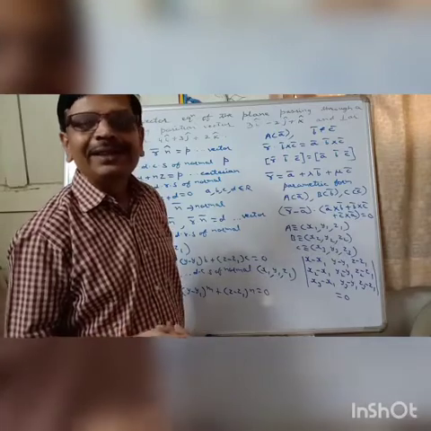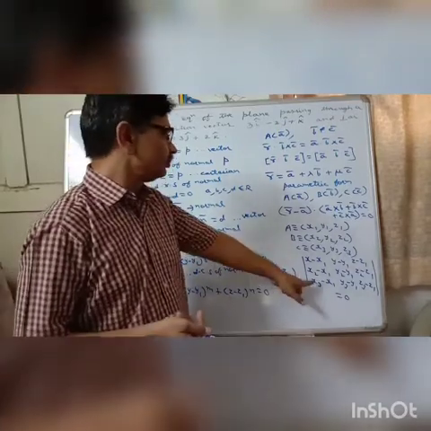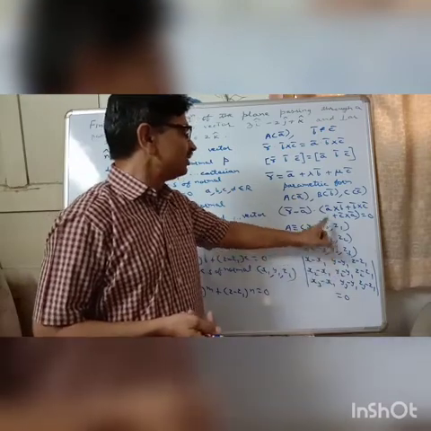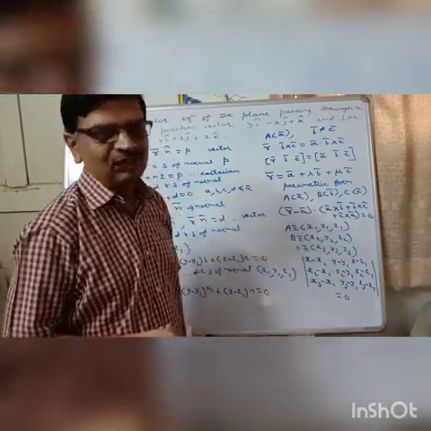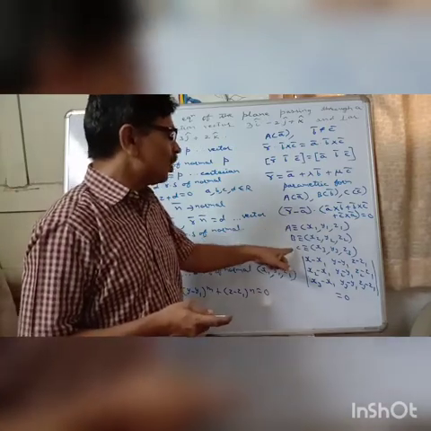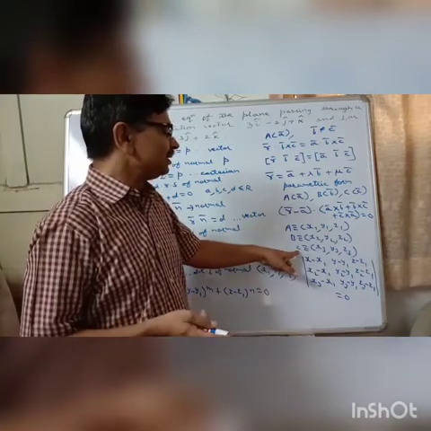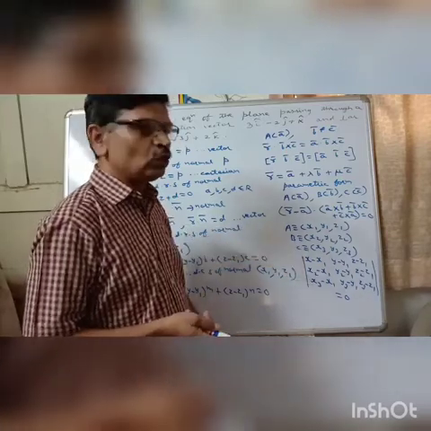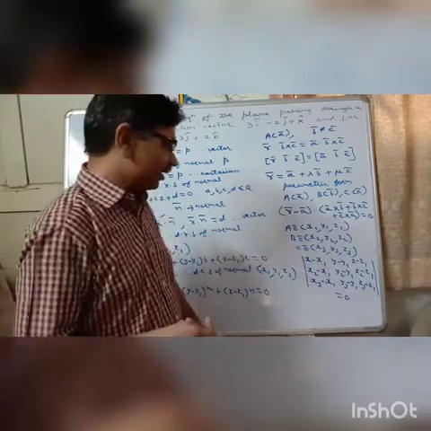Consider elements in third row: x3 minus x1, y3 minus y1, z3 minus z1. So they are direction ratios of line passing through points A and C, or direction ratios of vector AC bar.